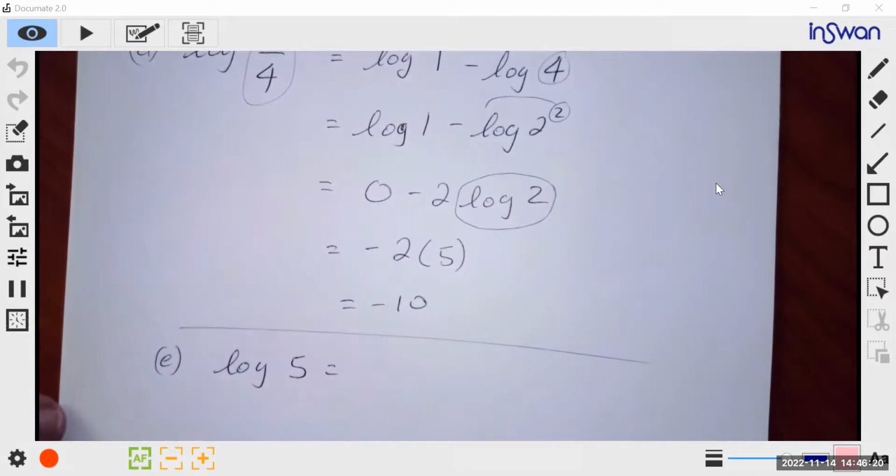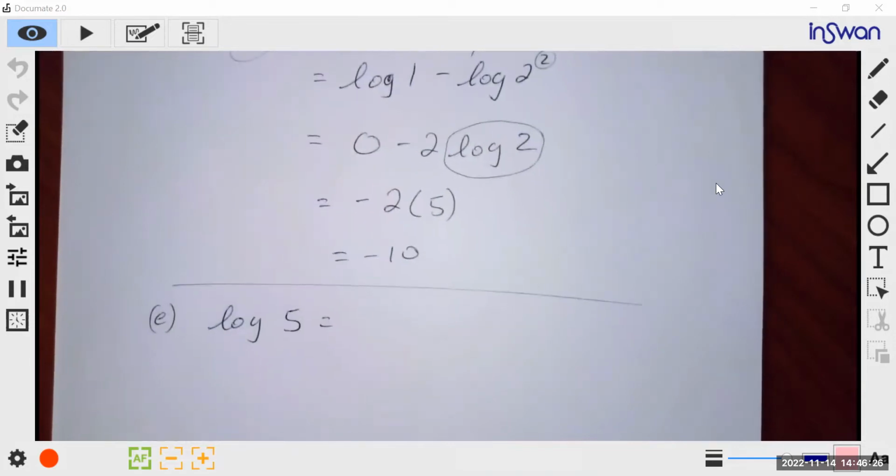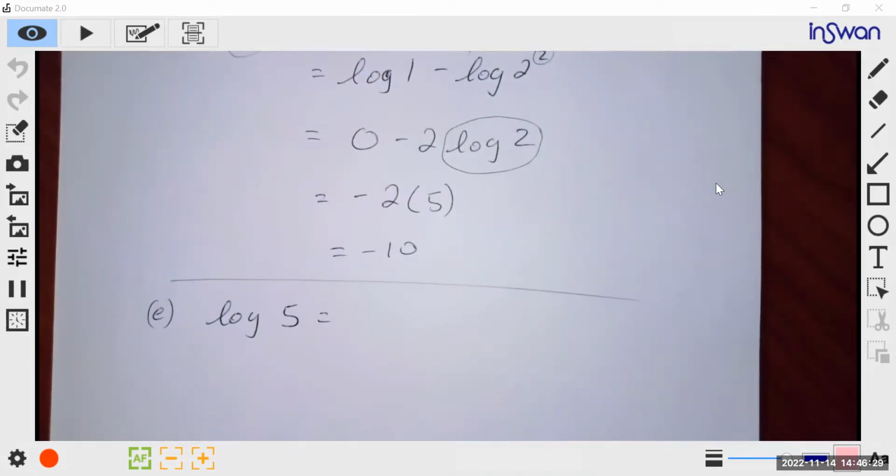How about log of 5? So what is 5 made up of? 1 and 5?